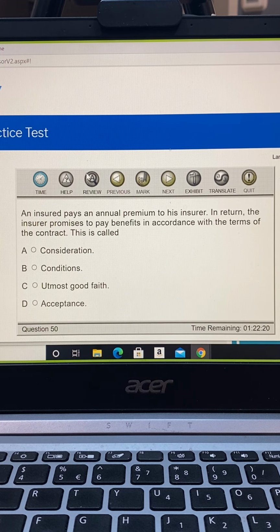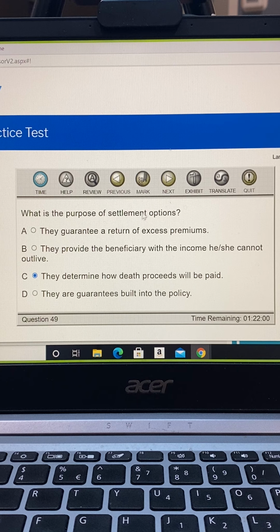There are five settlement options: cash, life income, interest only, fixed amount, fixed period. They determine how the benefit is going to be paid. B is just one of them. Right, I got you.